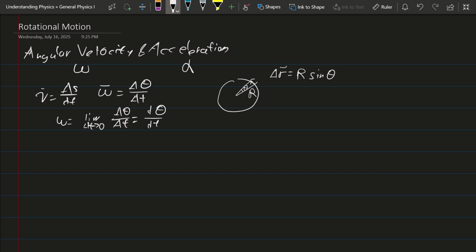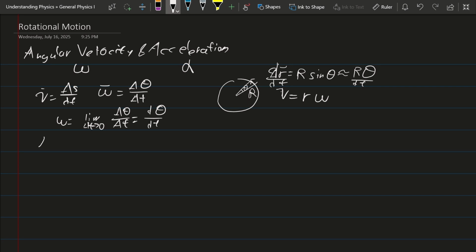If you take this theta to be very small, this will be equivalent to r theta. And if you divide it over a very small period of time, you would figure that this will be the velocity, which is the radius times the omega, which is one of the relations that is used in translating angular velocity into velocity or vice versa.